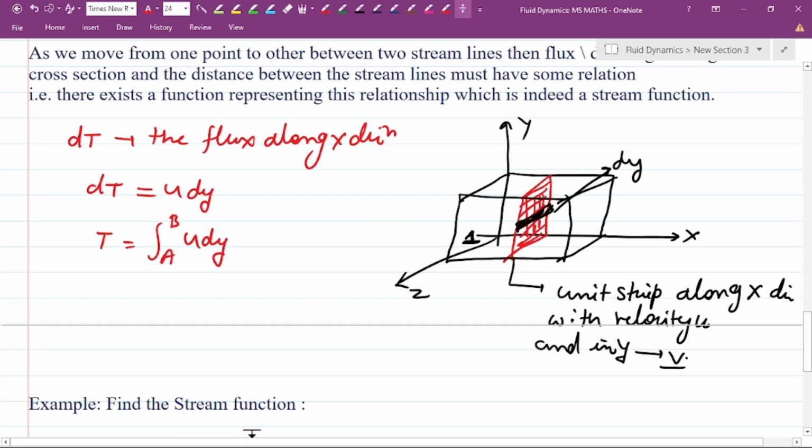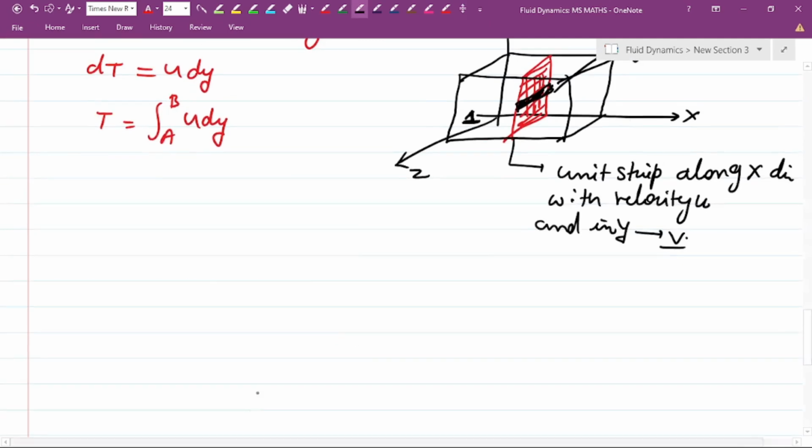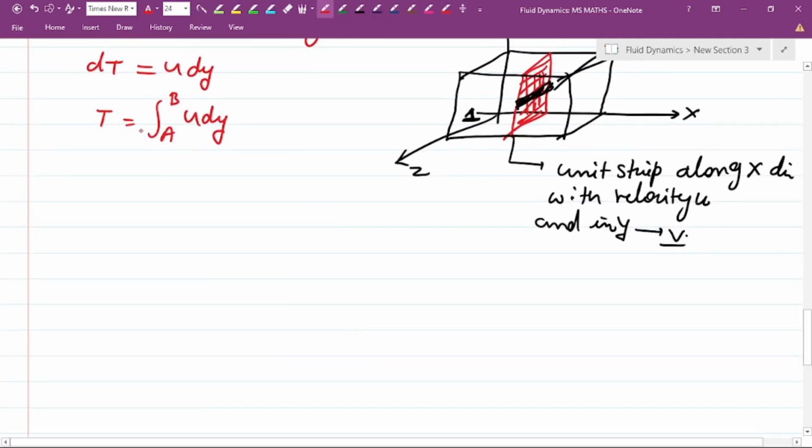Okay, so it can be defined in such a way. Now we have this function T is basically the integral from a to b of u dy. If we use this function, we can take a particular example for this. We can find the value of the stream function in such a way. Now we can take an example. So how can we take the example to find the stream function?